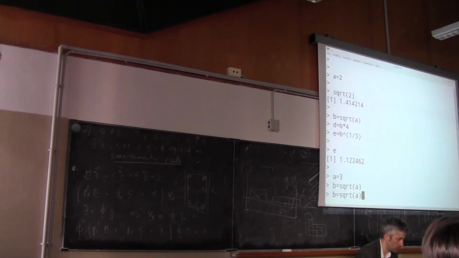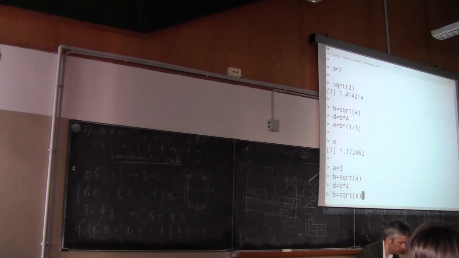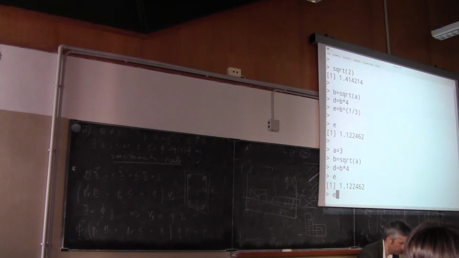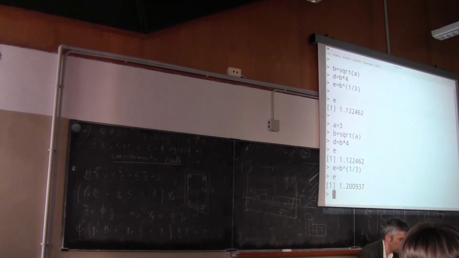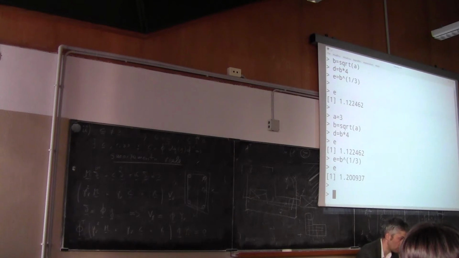B, square root of A, and then E. So this is one possibility. But of course you see that I made a mistake, because when you do things many times, you tend to make some mistakes. So there is another opportunity.